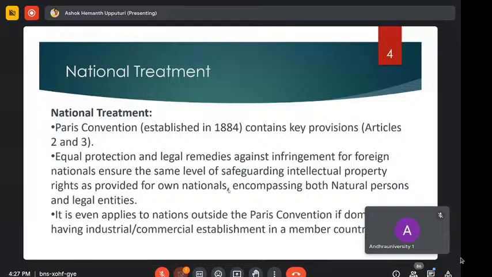If they have some industrial or commercial establishment in our country, and if domiciled, here domicile does not mean the strict sense of legal domicile. Domicile means ordinarily resident of India, temporary or permanent resident of India, but a foreign national. Even for non-members, you will be giving national treatment, provided an industrial or commercial establishment is there.